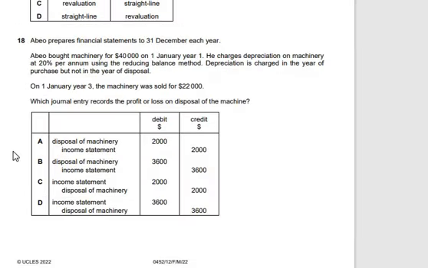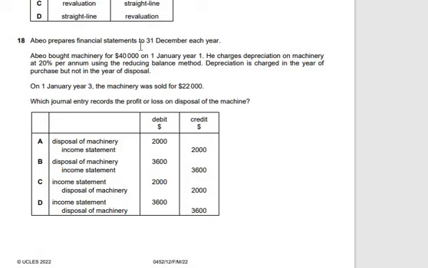Right, here's another interesting one. It's extracted from March 22, QP12. Abel prepares financial statements to 31st December each year. Abel bought machinery for 40,000 on 1st January year 1. He charges depreciation on machinery at 20% per annum using the reducing balance method. Depreciation is charged in the year of purchase, none in the year of disposal.